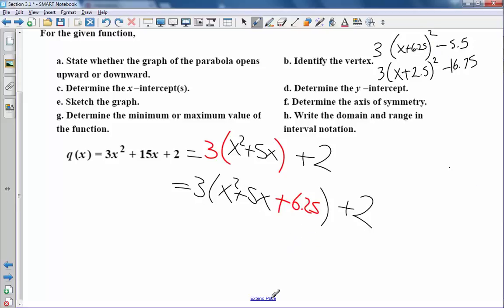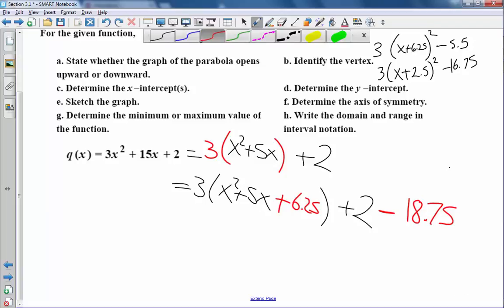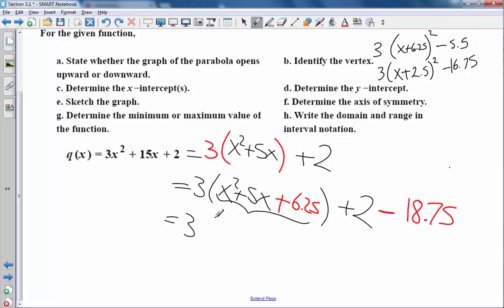Okay. But I need to take off some value so I can compensate for this addition. What am I subtracting on that? 18.75. Yeah, you multiply these two. 3 times 6 is 18. And 3 times a quarter is 75. So we are on the right track. But when you make a square out of these 3 terms, it's not x plus 6.25 squared. It's not this number.